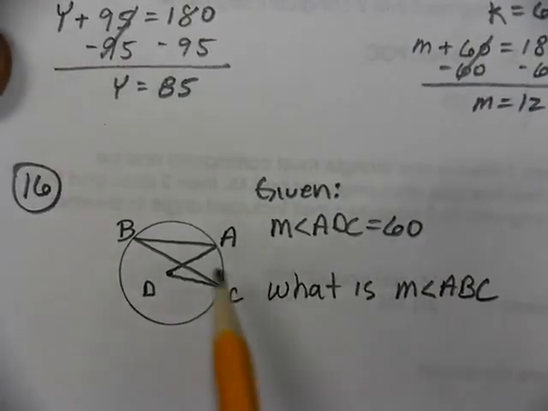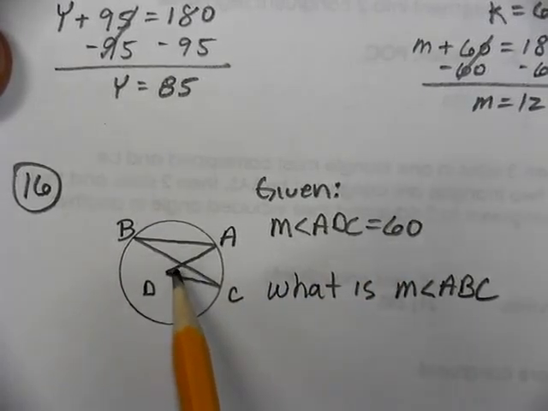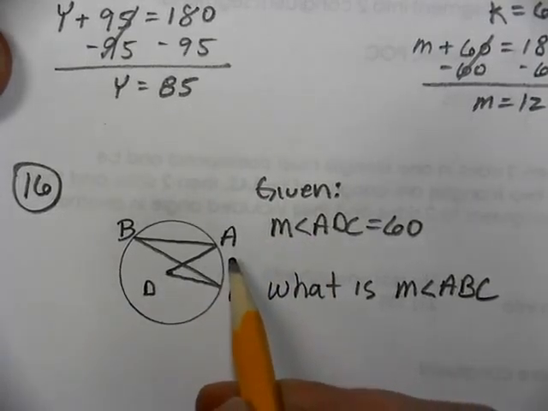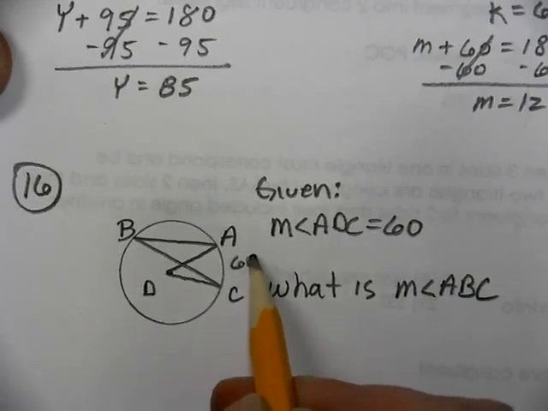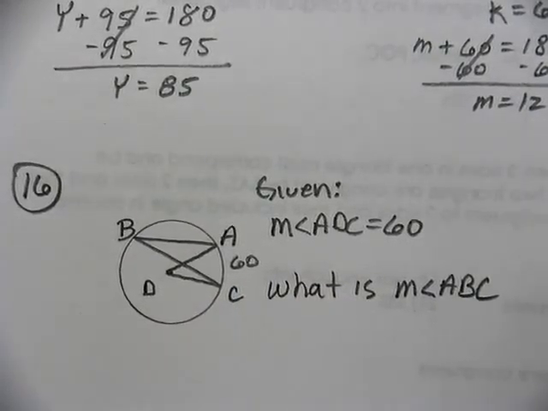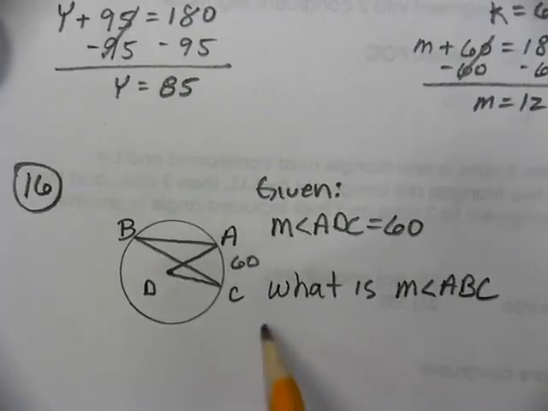With number 16, the given information says that we have a 60 degrees central angle. If that's 60 degrees, then we know, if it's a central angle, the arc is also 60 degrees. Central angle equals the arc. The inscribed angle is going to equal half of that.